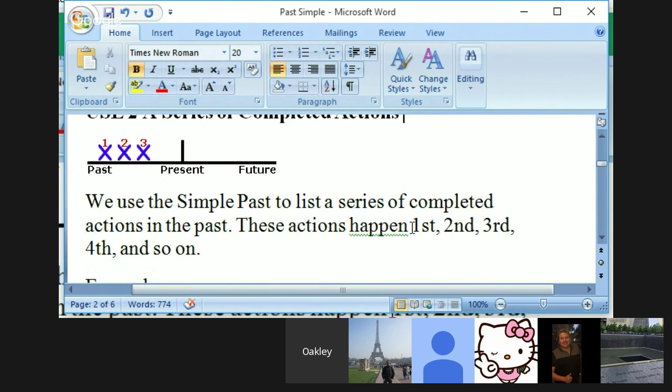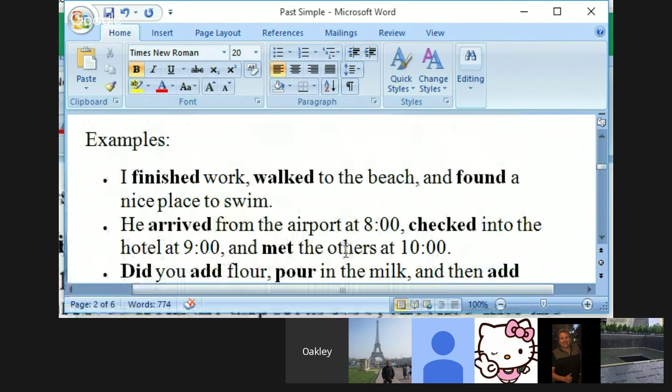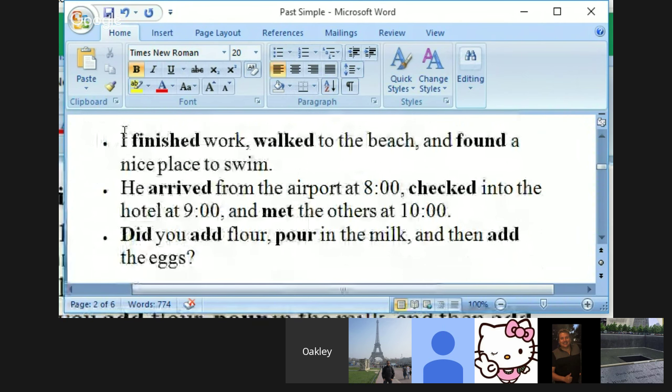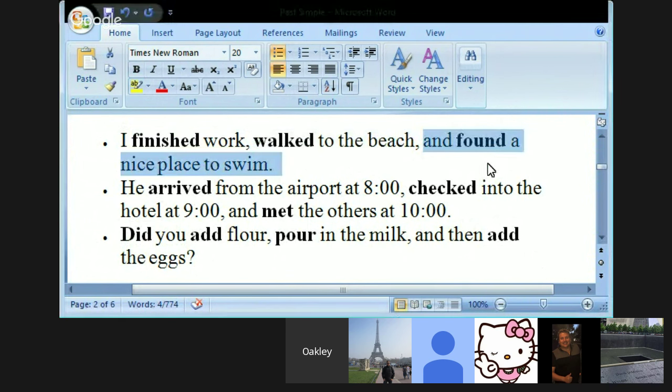And it is understood that these actions happened in the order in which they're expressed. First, second, third, fourth. So, for example: I finished work, walked to the beach, and found a nice place to swim. I can automatically assume this is the first thing you did, and then you found a nice place to swim.